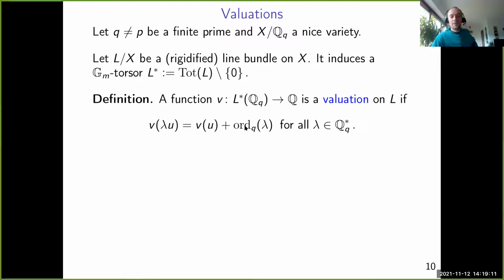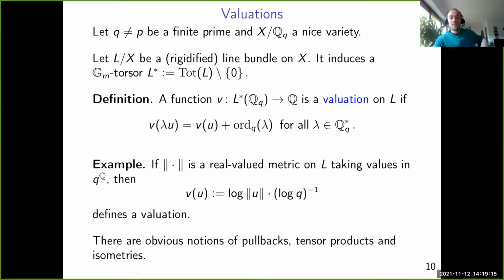If you think about it, although I haven't written it down, that's precisely the sort of behavior you have for real valued metrics on L. Or rather for the logarithm of that, right? Because you write the metrics as families of norms, so you write them multiplicatively, but we're taking the logarithm.